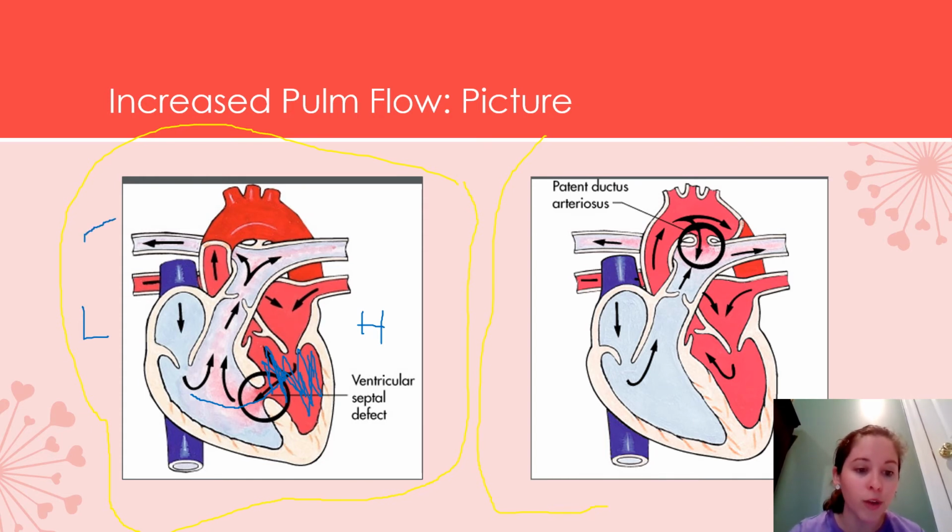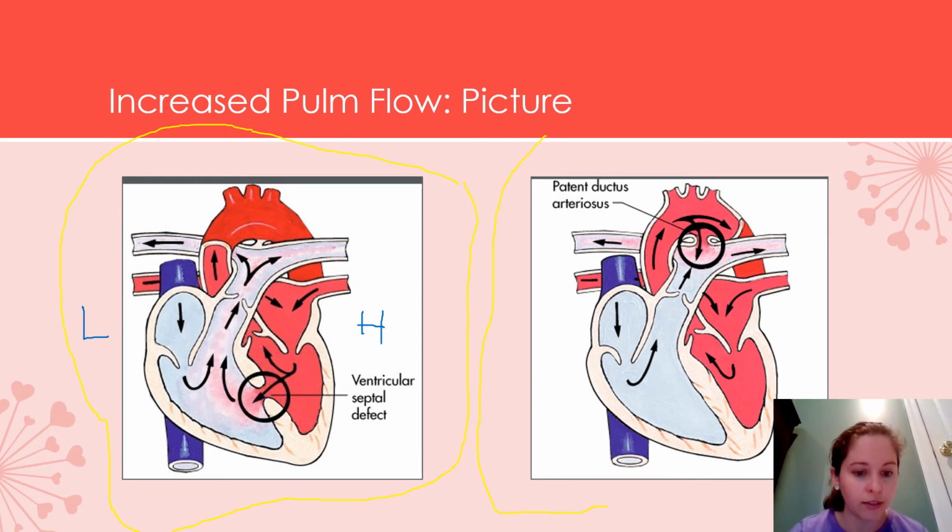Well, blood normally flows through the vena cava into the right atrium, down into the right ventricle, into the lungs. So all this extra fluid coming from the left ventricle is going back into the right ventricle and circulating back into the lungs, which is why it's in this category of increased pulmonary blood flow.